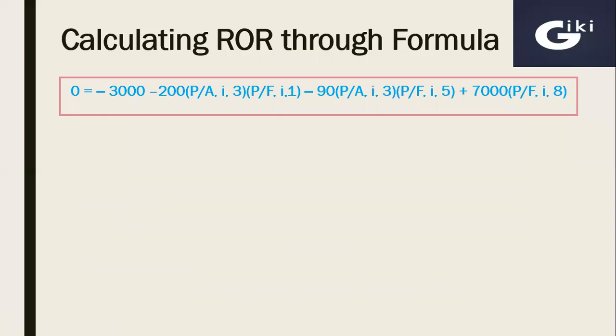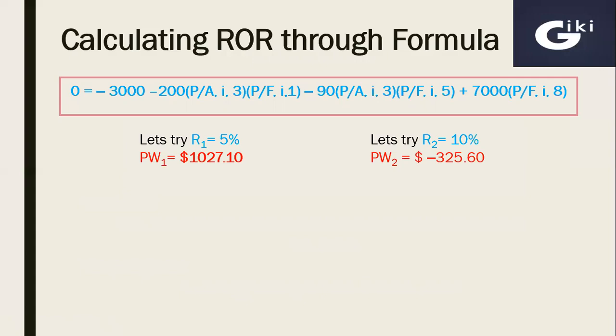Here we can calculate this even through the formula. First rate of interest is 5%, second rate of interest is 10%, first present worth is $1,027.10, and second present worth is minus $325.6.